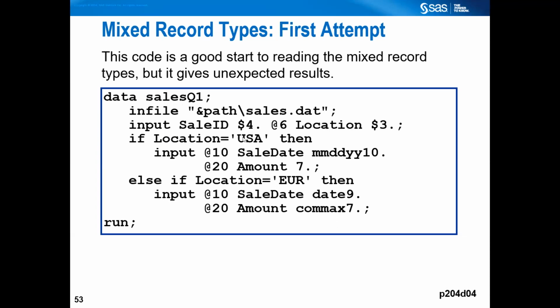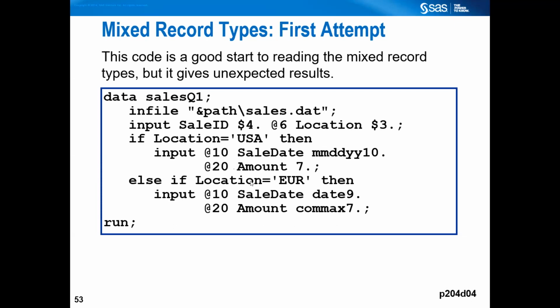See, if location is USA, then it should put your input at the 10th column for sale date. For USA, it's MMDDYY informat, whereas for amount it is 7 dot.